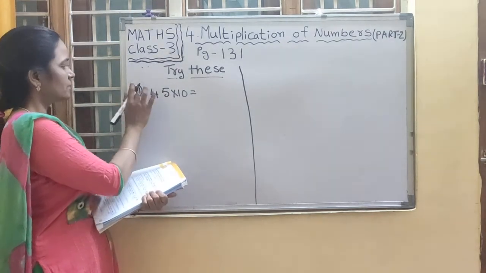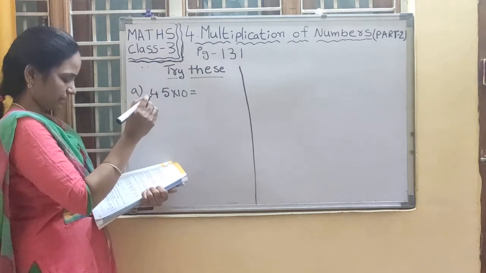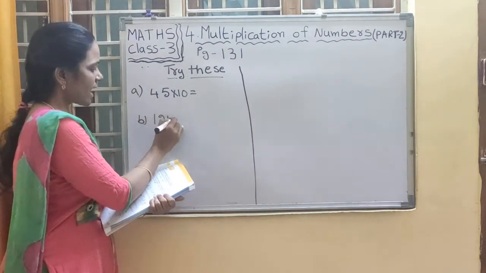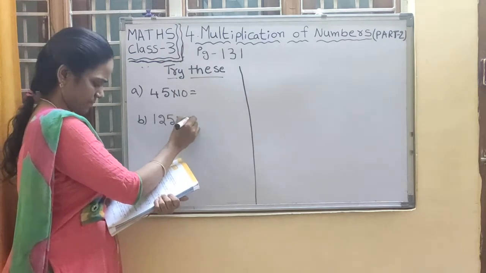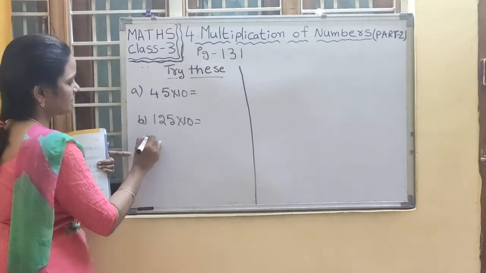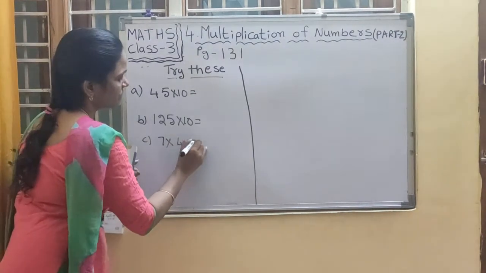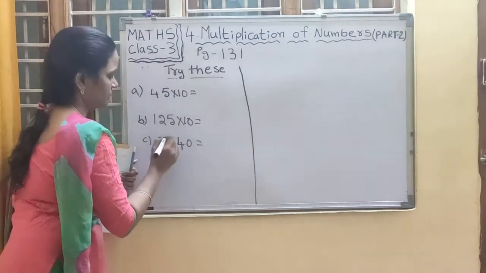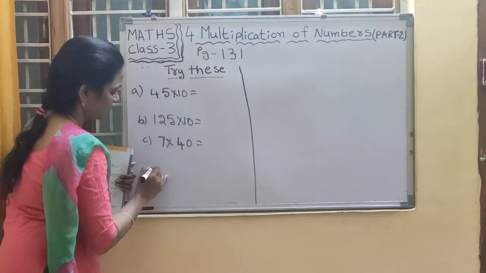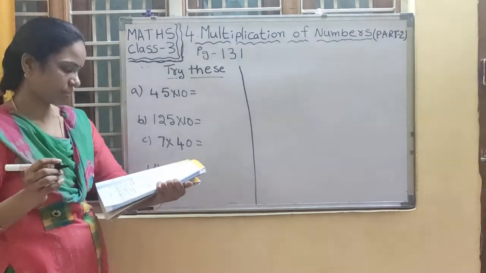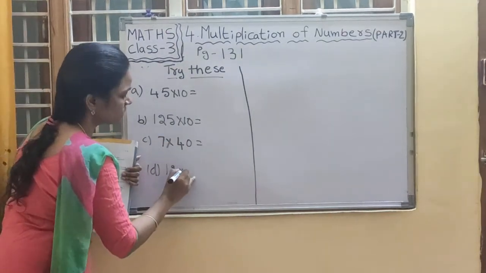B: 125 into 10. C: 7 into 40. D: 12 into 60.